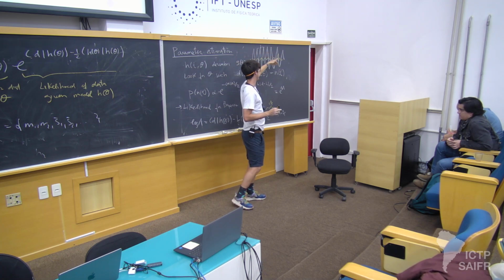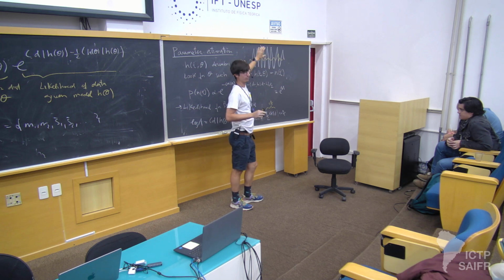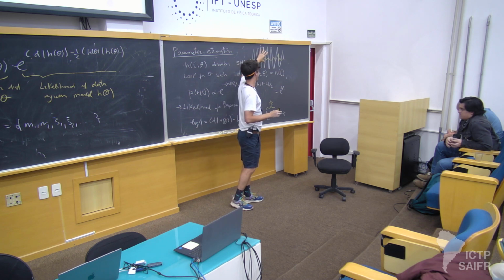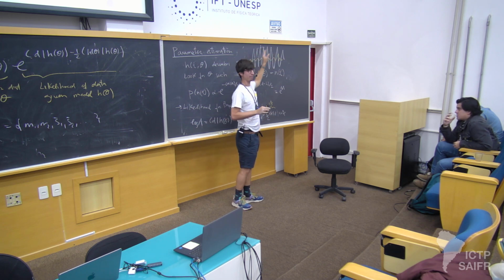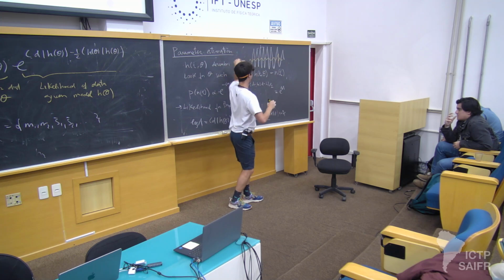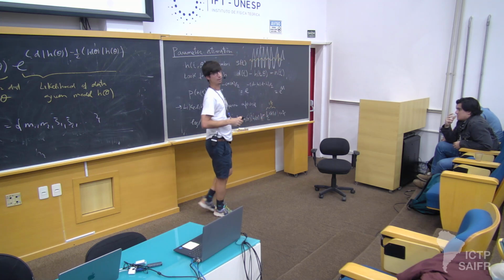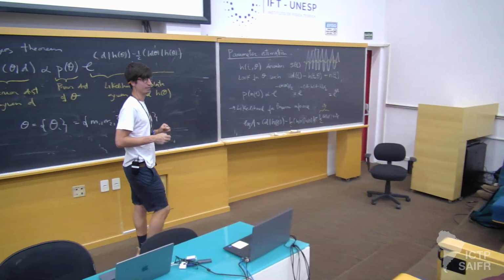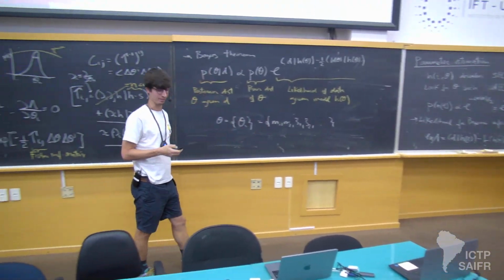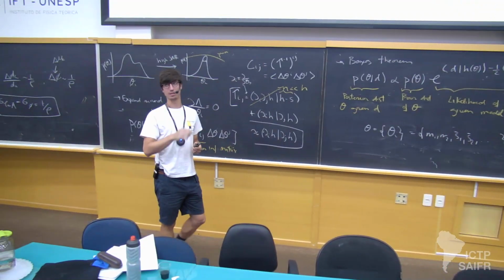So actually, this allows you to detect signals whose amplitude is smaller, because the longer they are, the more signal to noise you accumulate. And therefore, you can detect signals despite their being smaller.